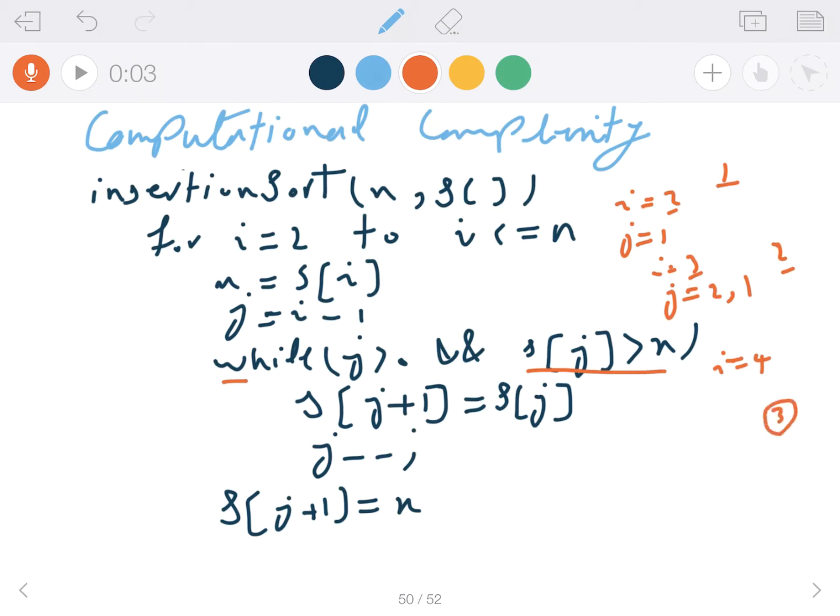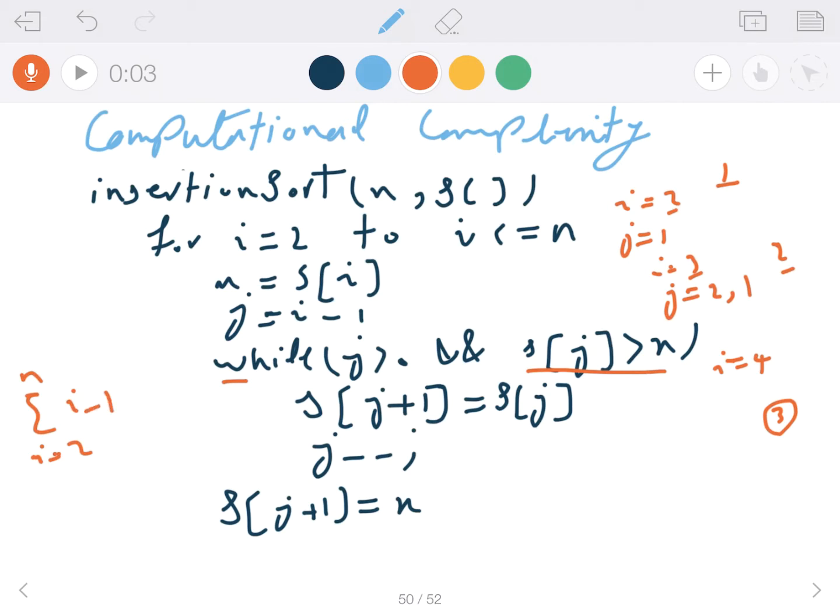And i goes up to n. So we can create a sigma here. The number of comparisons in the worst case is the sum for i equal to 2 to n of i minus 1.